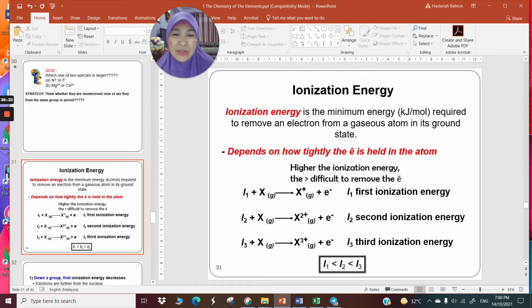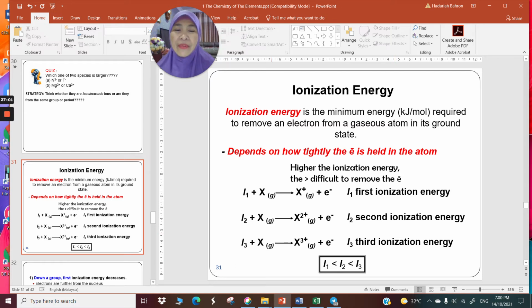So if you have, for example, X in gaseous form to make X plus and an electron, that means removing one electron from your gaseous X. One electron, that means I1 is the first ionization energy.